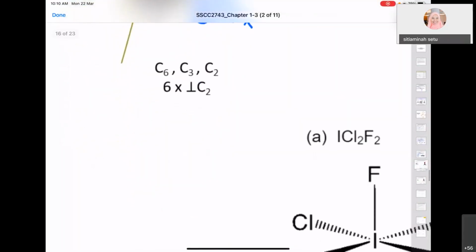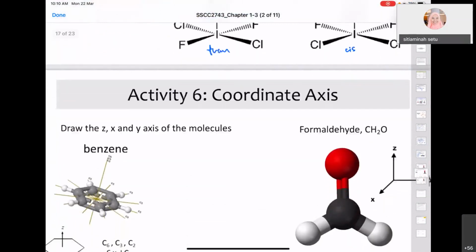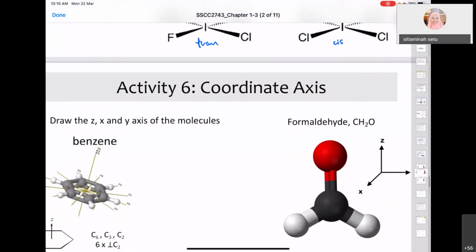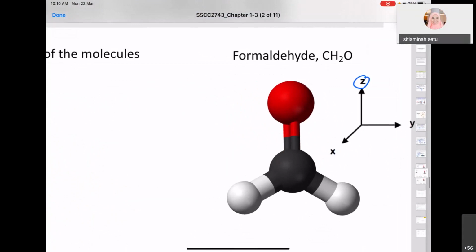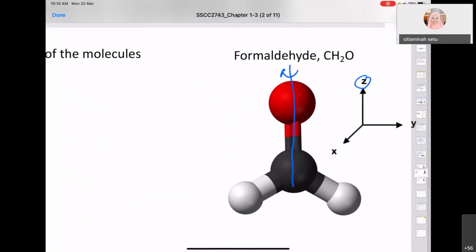Okay, cuba tengok apa yang saya ada. Okay, here. Okay, betul. So Z dia mestilah follow the principle axis. So this is for formaldehyde you ada C2 kat sini axis of rotation. So this is the Z axis.